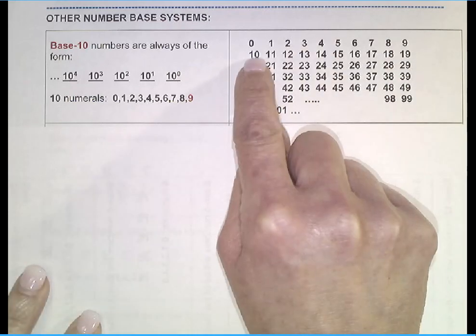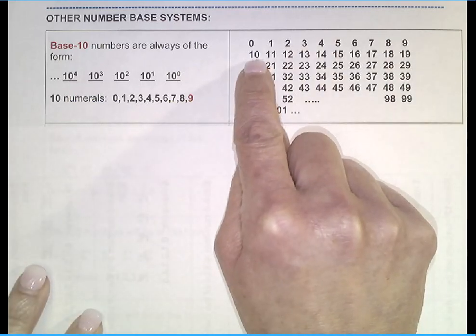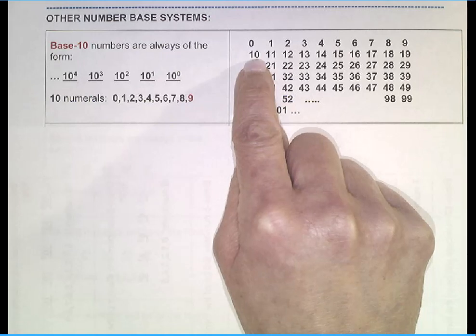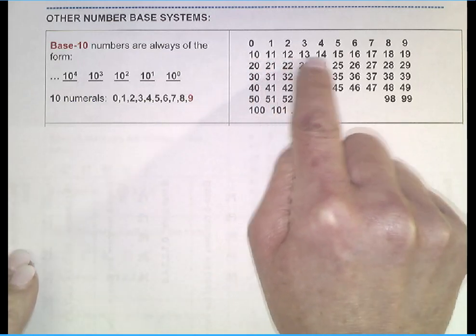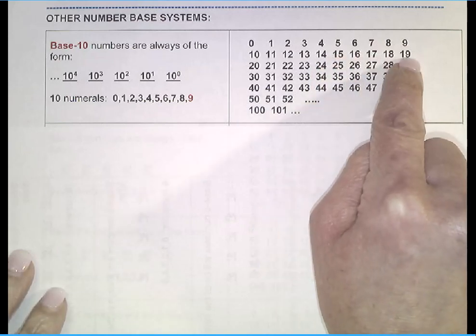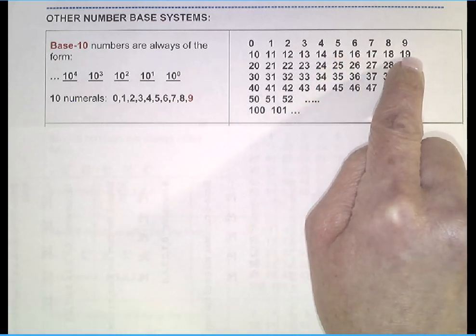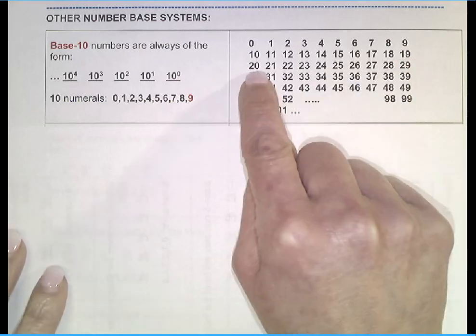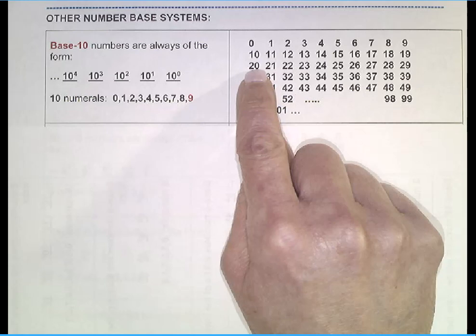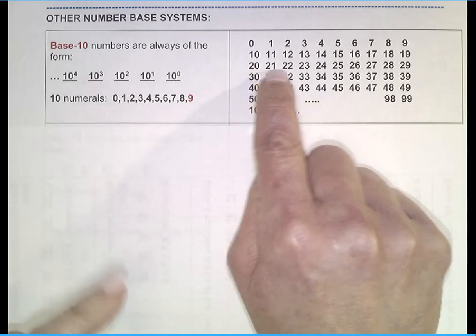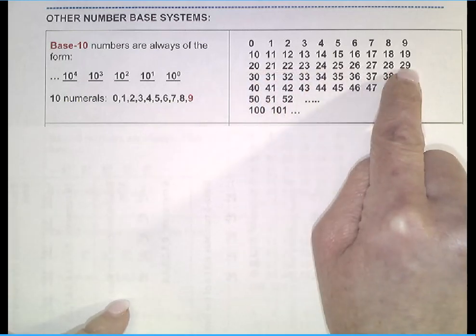it suddenly rolls to a 2-digit number. And it goes 1 with all of the other symbols. So 10, 11, 12, 13, 14, all the way up through 19. And then after 9, we have to roll again, and now it goes to 20. And then you put a 2 with all the symbols, 20, 21, 22, 23, 24, up through 29.